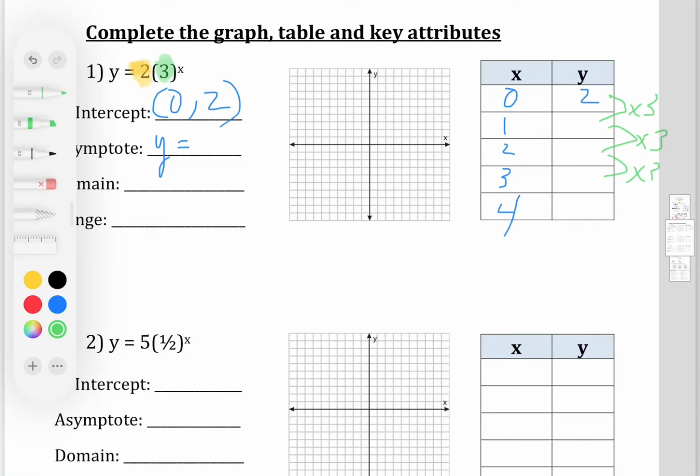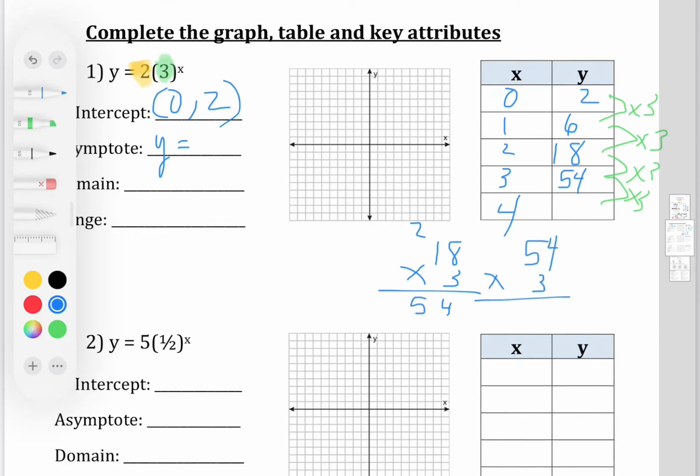They're going to get really big really fast. 2 times 3 is the number 6. 6 times 3 is 18. 18 times 3 is 54. 54 times 3 is 162. Okay, so that's my table.